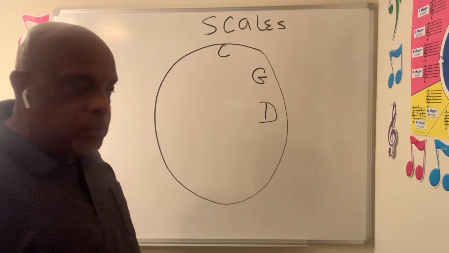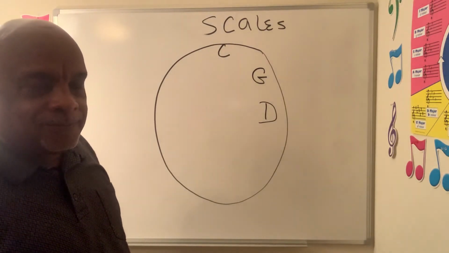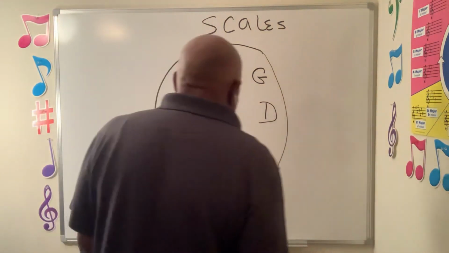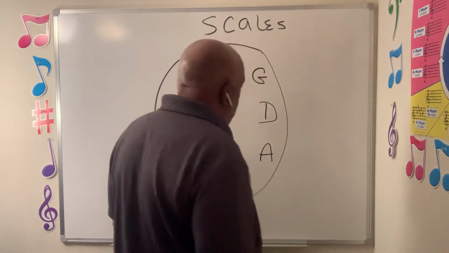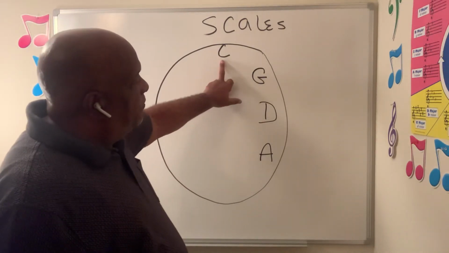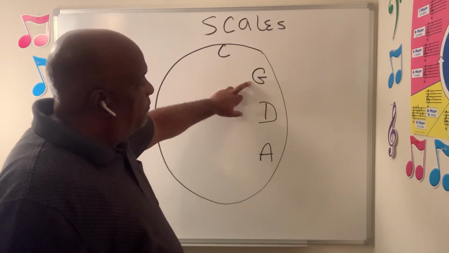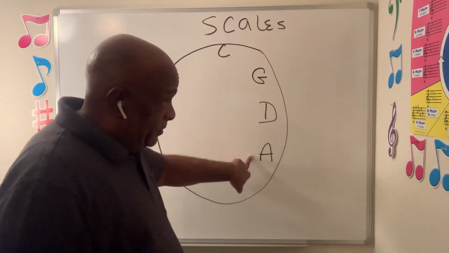All right, the 5 of the key of D is A. It's a circle of fifths. The 5 of the key of C is G. The 5 of the key of G is D. The 5 of the key of D is A.